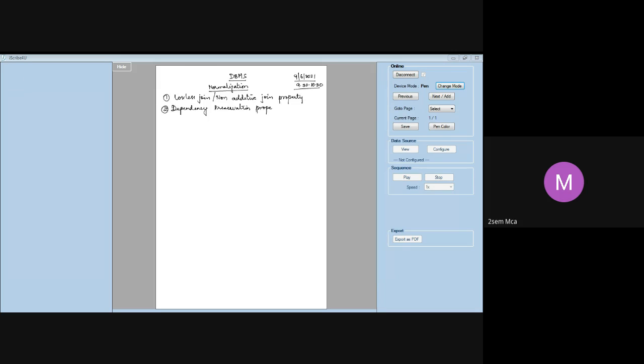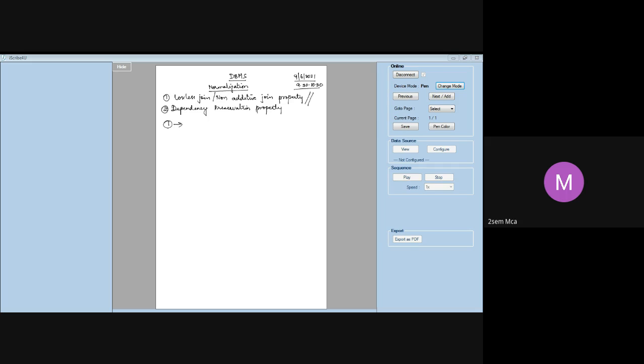This is where we stopped in the last class. I told you I will be telling about these two properties before we move further. So let us look at the most important property, the lossless join or non-additive join property.